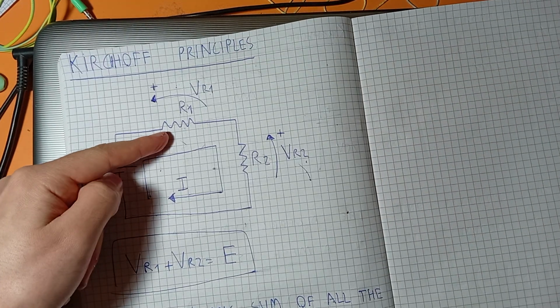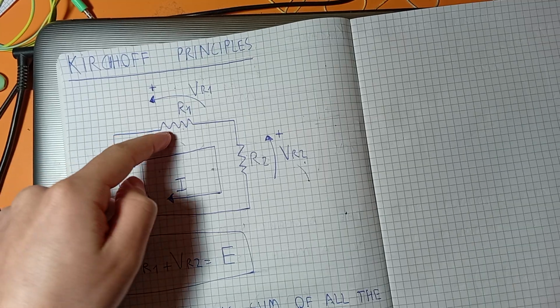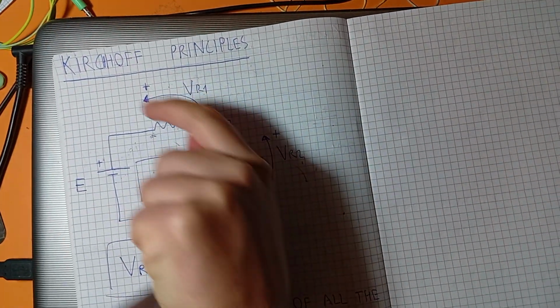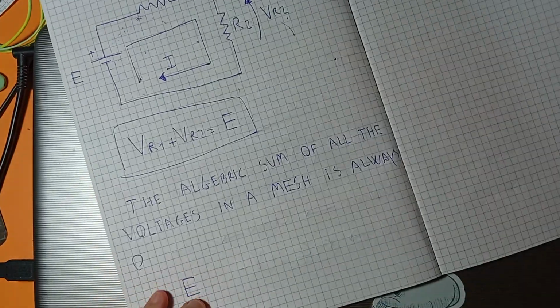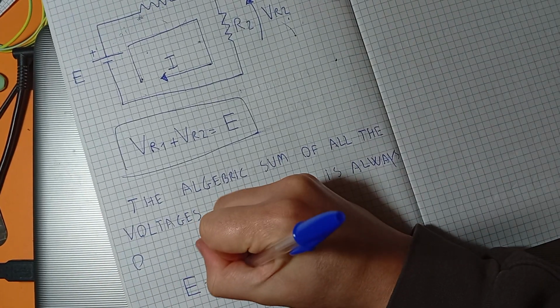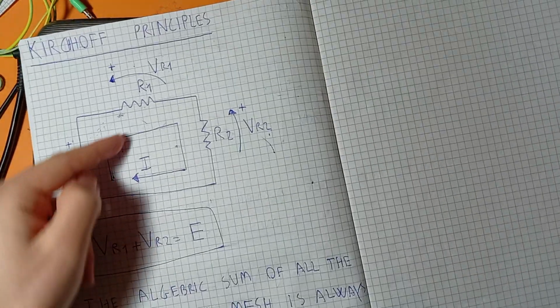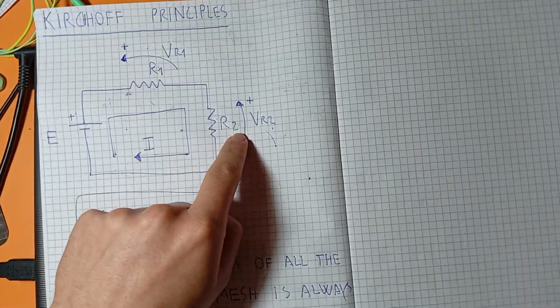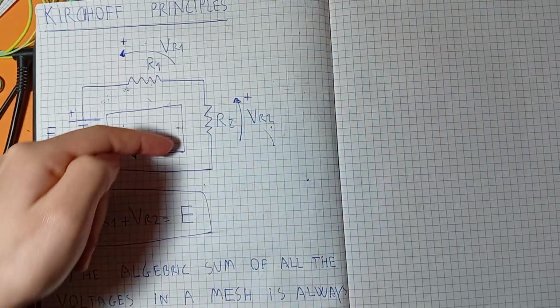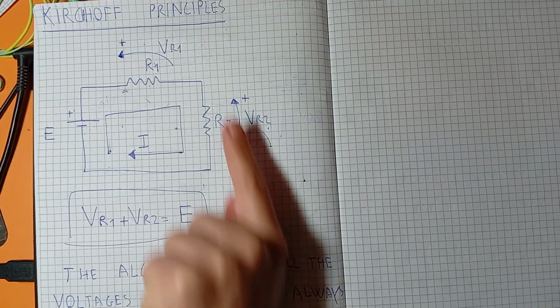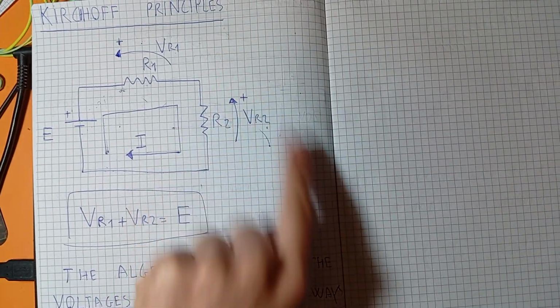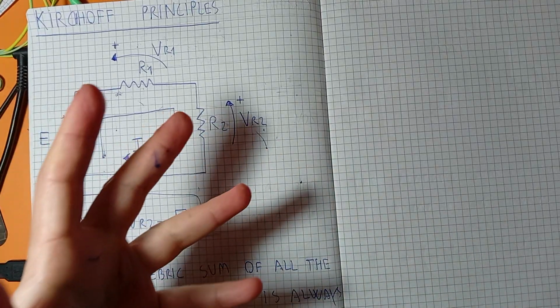Then I encounter this other voltage, and this voltage is positioned in the opposite direction of the current, so it counts as negative. Then I encounter this other voltage, also positioned in the opposite direction of the current. Current flows this way, and this voltage drop is positioned this way, so this counts as negative.